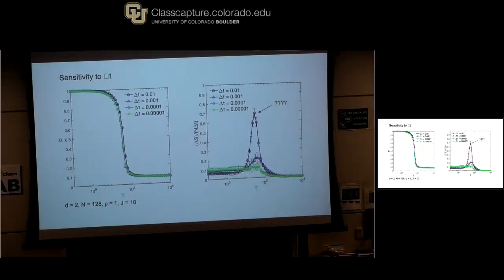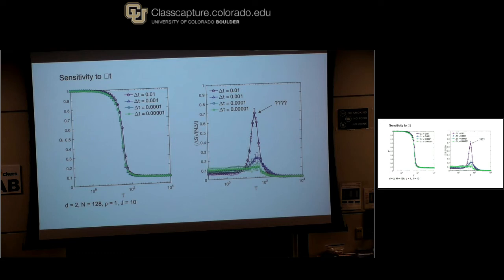So this is delta t. Initially, we were running our simulations with a relatively large time step, and we were getting this very exciting large peak in the entropy production at the phase transition, which we thought was super interesting. But it turns out as we cranked down the time step, we approached this stable lack of a peak, which is actually a relief.